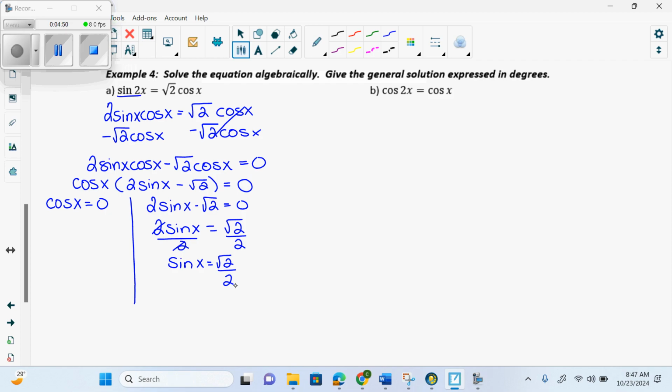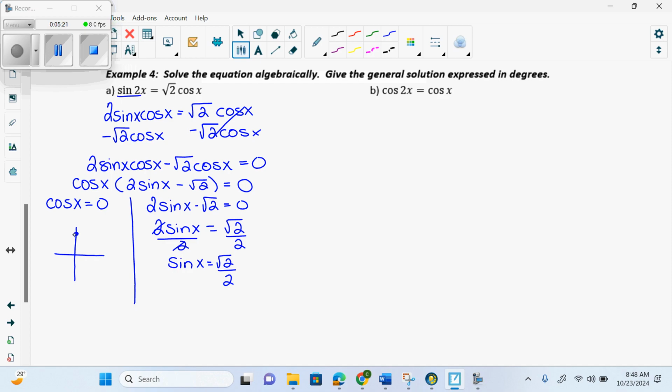Like tans are opposite of each other. Okay, cos of 0. Cos is x or y? Is cos x or y? X. So where does cos x equal 0?